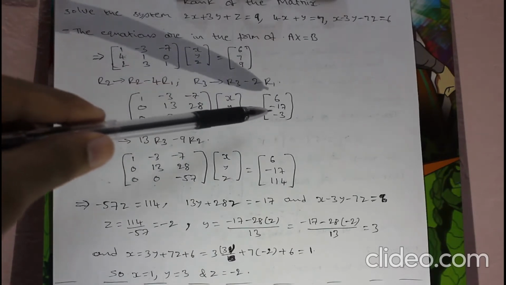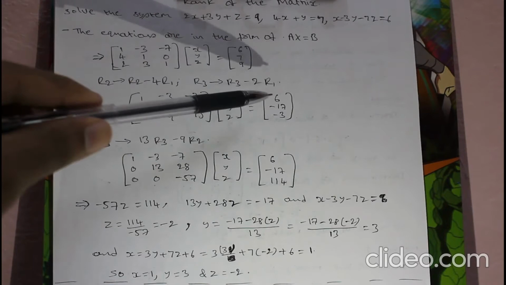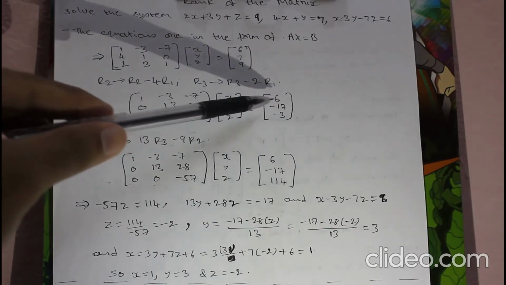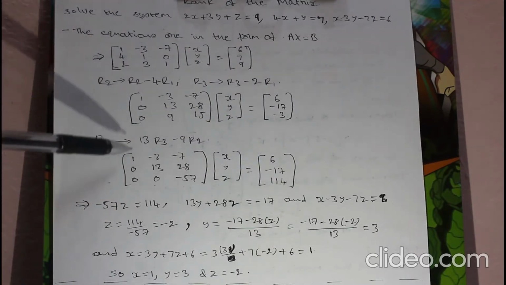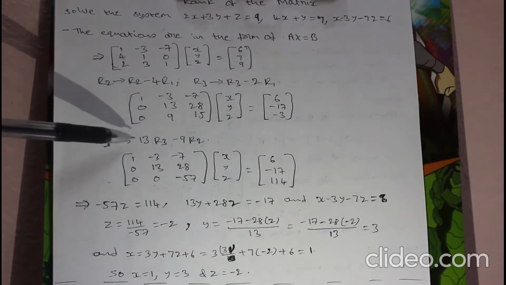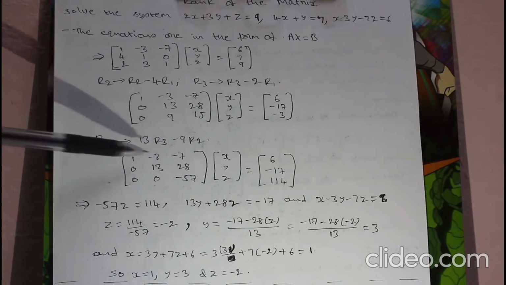And the same way minus 3 into 13, minus minus becomes plus 9 into 17, after calculating you will get 114. So the matrix A is reduced to, sorry, upper triangular matrix. You clearly get the upper triangular matrix.